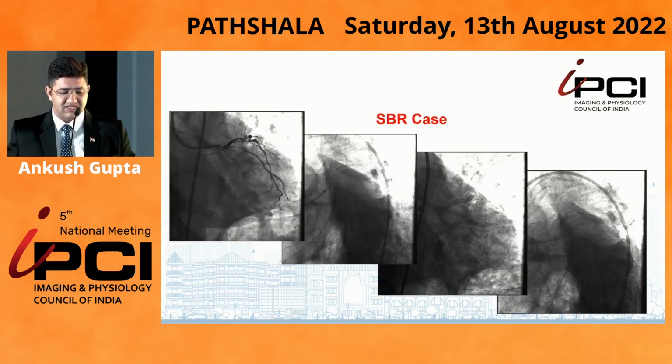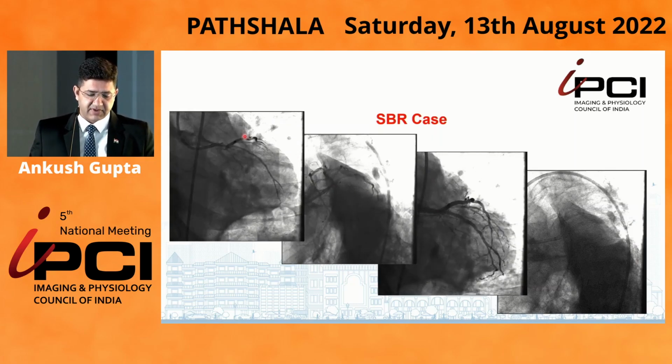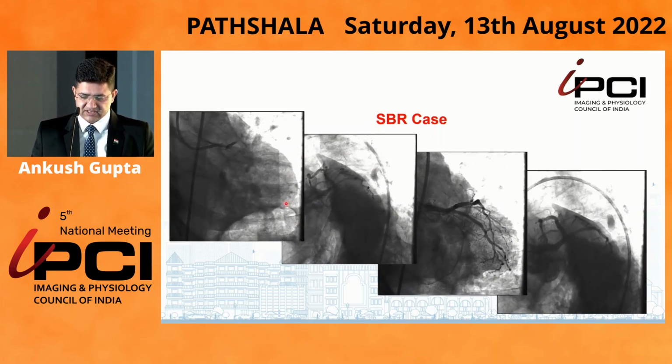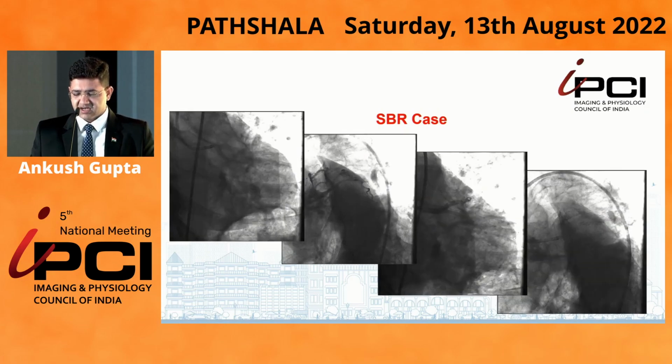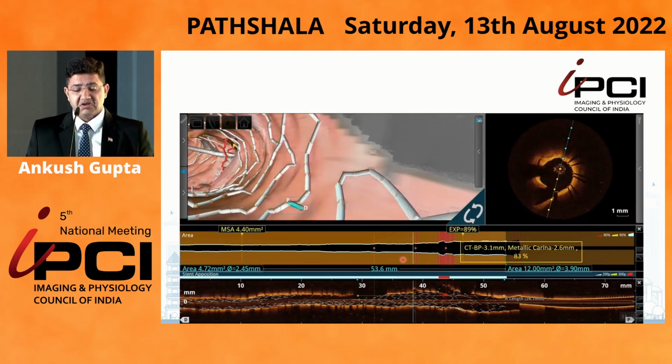So this is an example of one case that came to us with side branch restenosis, left main bifurcation disease, and the patient underwent DK crush, with an angiographically good result, but the patient came to us with side branch restenosis.